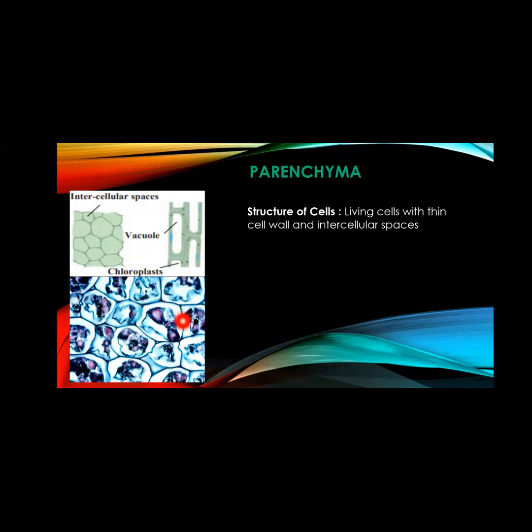The cells are very compactly arranged. There is no space between the cells. They are rich in cytoplasm and they have very thin walls. If we talk about the location of parenchyma, it is present in all the parts, including root, stem, leaves, flowers, and seeds.